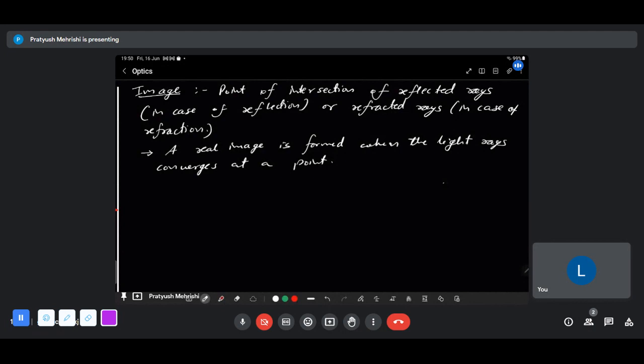And what will be a virtual image? A virtual image will be formed when the light rays appear to come from a point. They are not coming from a point in reality, but they appear to come from a point.